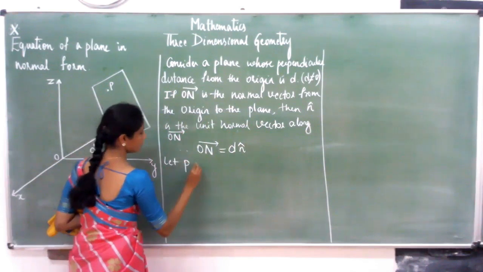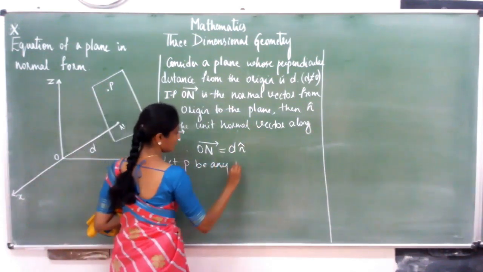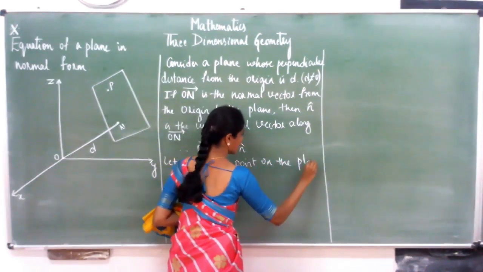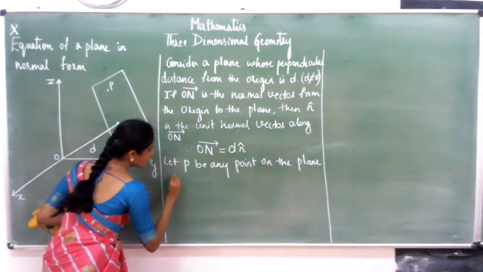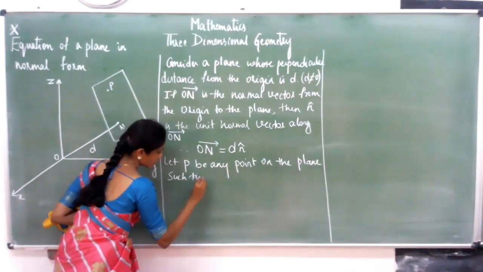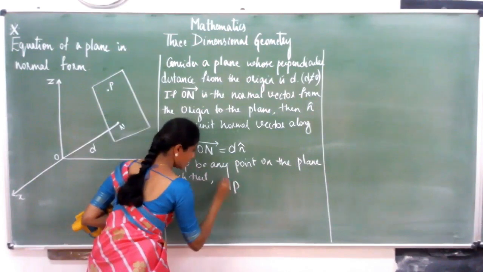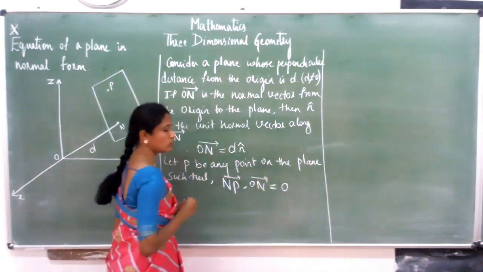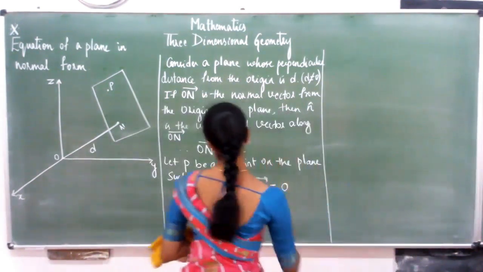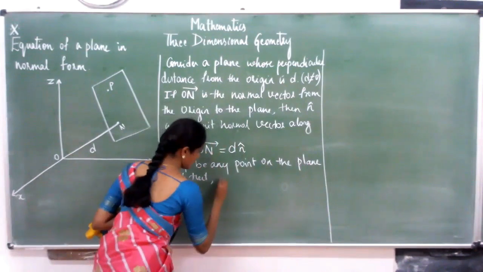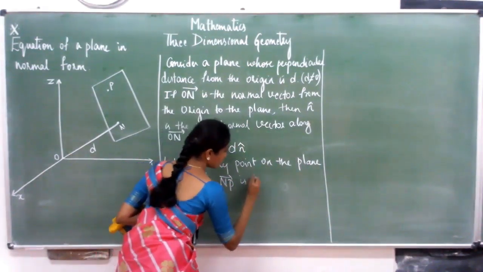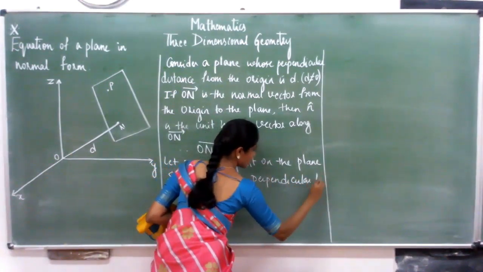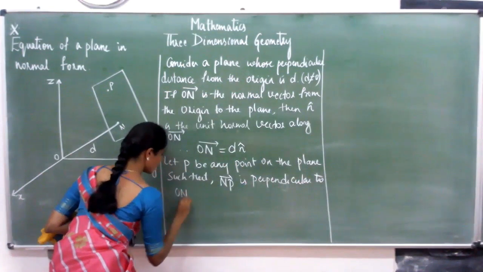So let P be any point on the plane such that vector NP dot vector ON is equal to 0, or we can write such that vector NP is perpendicular to vector ON.